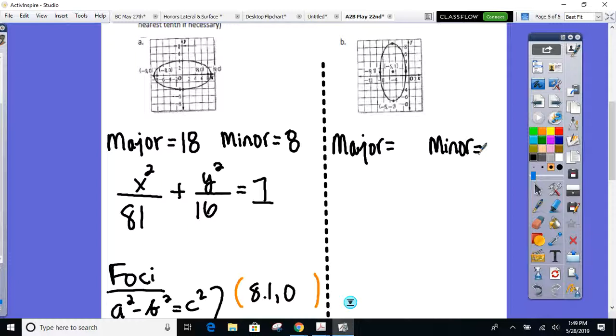Did you count how long that should be? Looks like 16 units, right? Everyone good on the major, 16 units? And going across horizontally, the minor? Big 8.